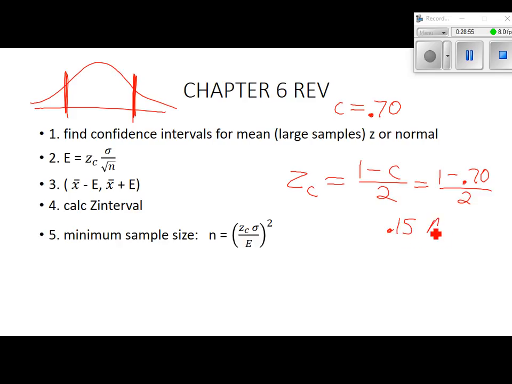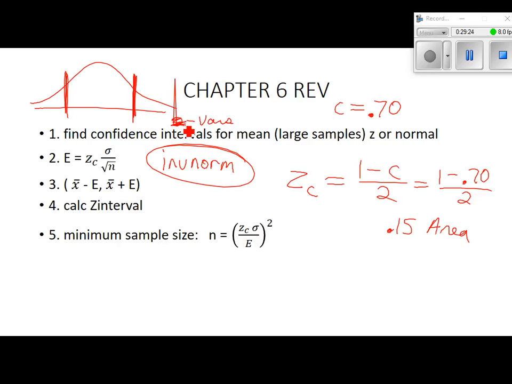Now, this is your area, and then instead of using the chart, I think what we did is we used our calculator. On your calculator, this is where we do the inverse norm. So we go to second, vars, down to inverse norm.